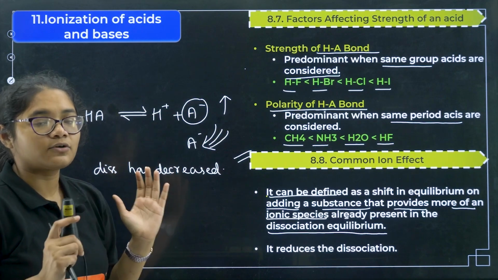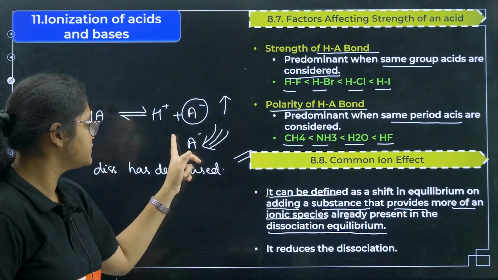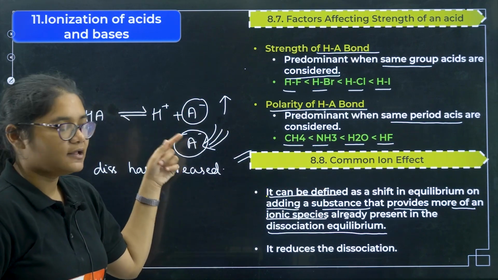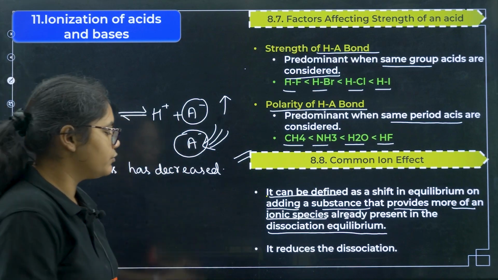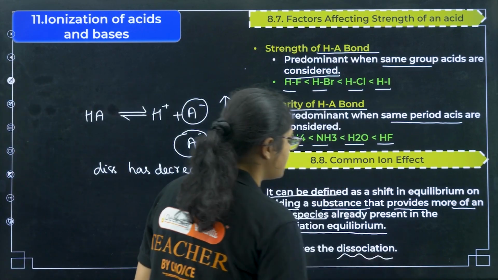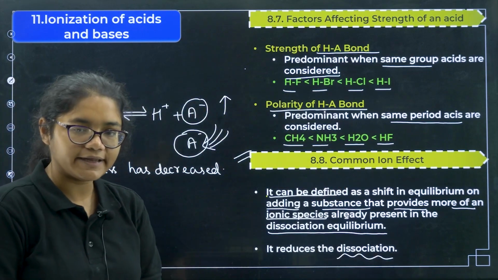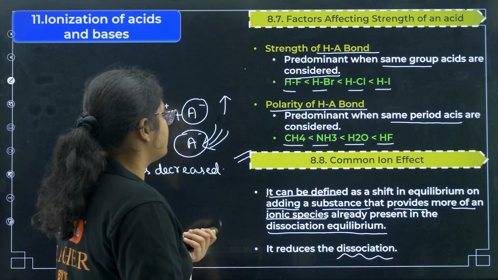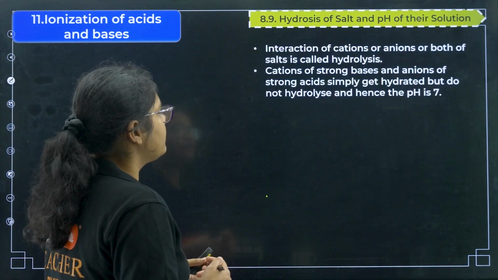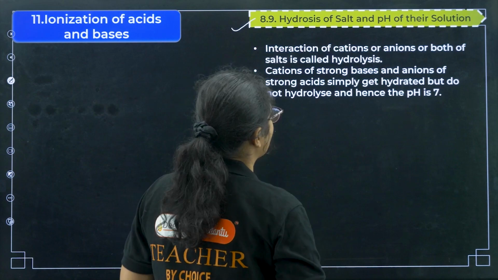This is what is called the common ion effect. Due to this common ion, the dissociation is reduced. Clear?